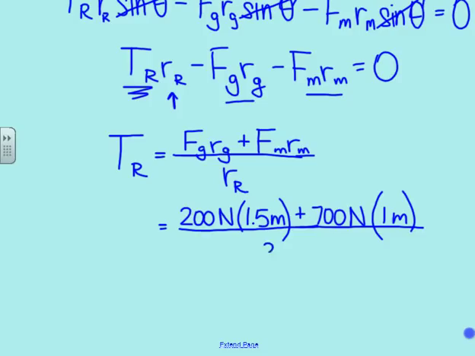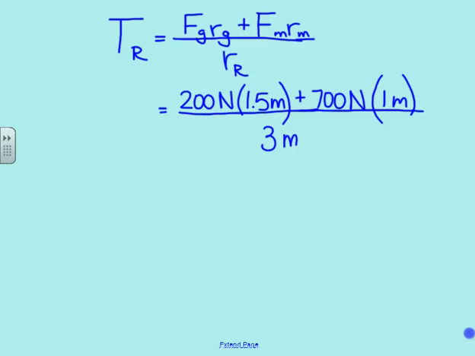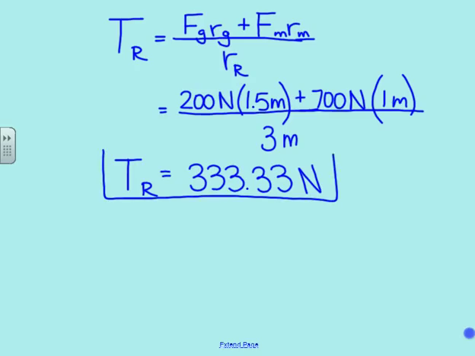Finally, the radius for the right string is 3 meters, the length of the entire thing. Plug that all into my calculator, and I find that the rightmost tension, TR, is 333.33 newtons. That's one of the two values I'm looking for.